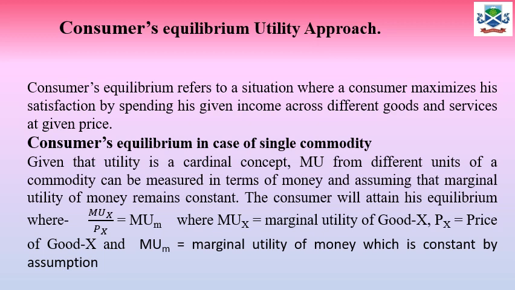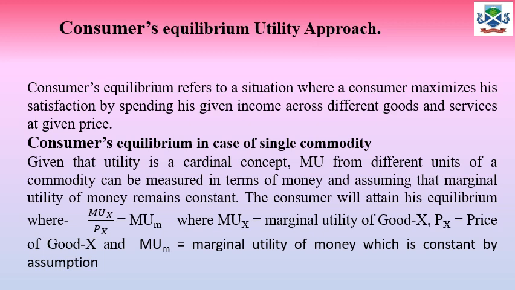Given that utility is a cardinal concept, the basic assumption here is that utility can be measured in terms of numbers. Marginal utility from different units of a commodity can be measured in terms of money, and assuming the marginal utility of money remains constant, the consumer will attain the equilibrium where MUX by PX is equal to MUM.